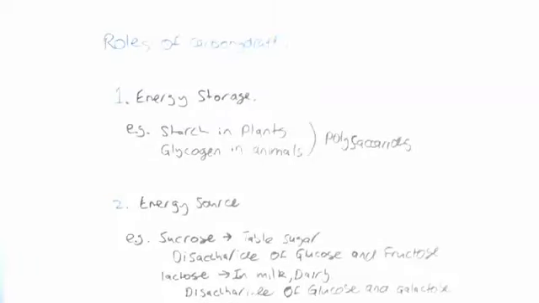Carbohydrates are also very important as an energy source. So sucrose, which most people would know as table sugar, is a disaccharide of glucose and fructose, and so it's just glucose, which you've seen, and a different carbohydrate named fructose, which is structurally quite similar.